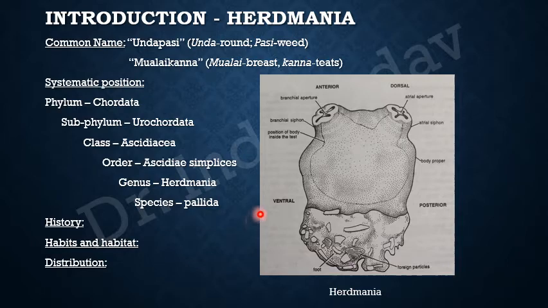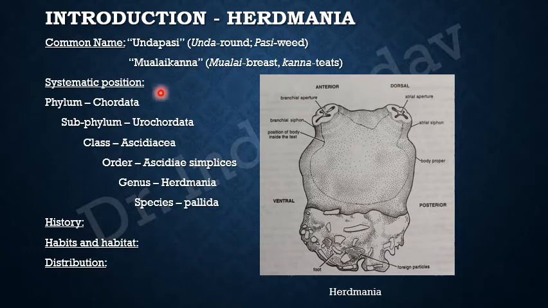As you can see in the text, Unda means round and Pasi means weed. They think it to be a round weed-like structure. And the second name is Mulai Kana. Mulai means breast and Kana means teats. Because it's a bag-like structure and it has 2 siphons which look like teats, they call it the breast with 2 teats, and in their language it is called Mulai Kana.